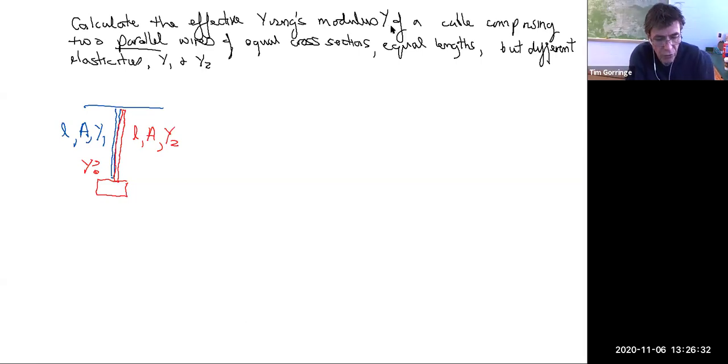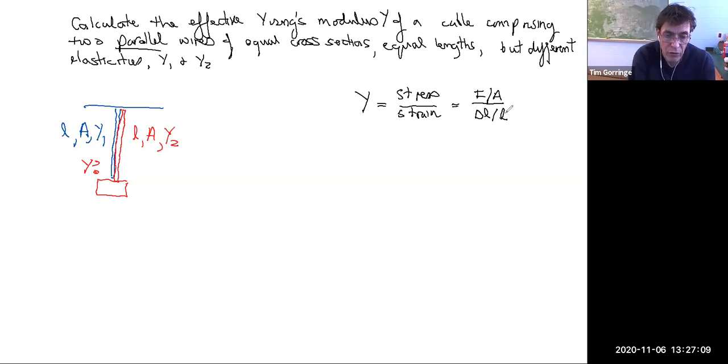Well, we're going to solve this situation again with our master equation relating stress, strain, and elasticity: the elasticity is the stress over the strain, where the stress is what you do to the cable, and the strain is the resulting elongation of the cable. So specifically, the stress on the cable is the force acting on it divided by the cross-sectional area of the cable, and the strain on the cable is the elongation divided by the length of the cable.